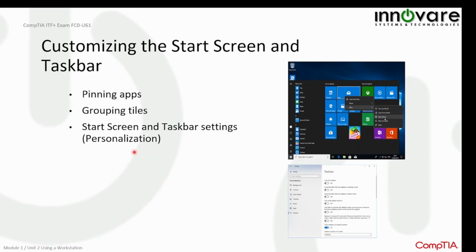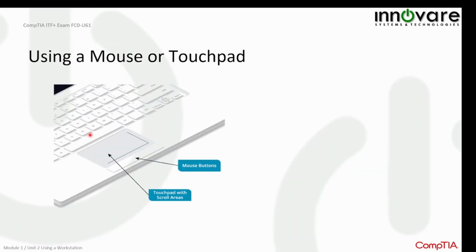That's why ikaw lang ang merong ganitong arrangement when you log in. Pag merong ibang user that uses the same computer, it's either meron siyang default, ang normal kasi yung default settings o organization ng start screen, or if you have made already an adjustment, if you have made some personalization already. Now, using a mouse or touchpad, we all know this.